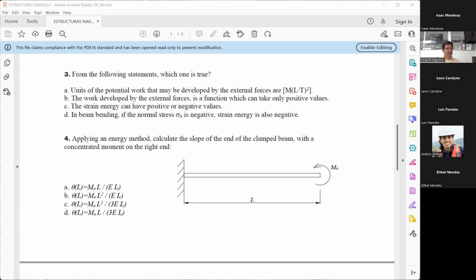In general, if you have one force and another one here, they can cancel each other. But if you have one single force, you are in trouble. How much does this force have to be equal to if you want the system to be in equilibrium in the vertical direction?